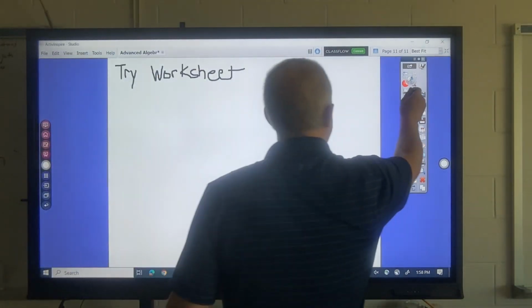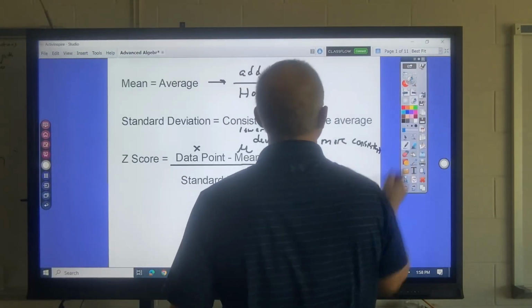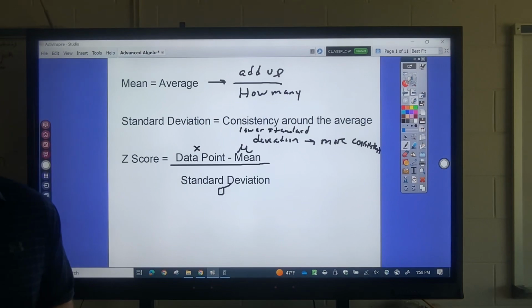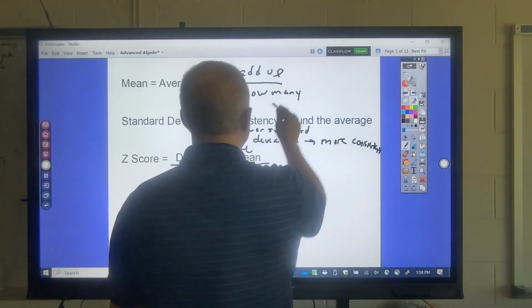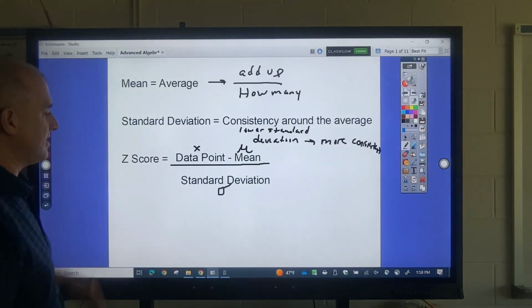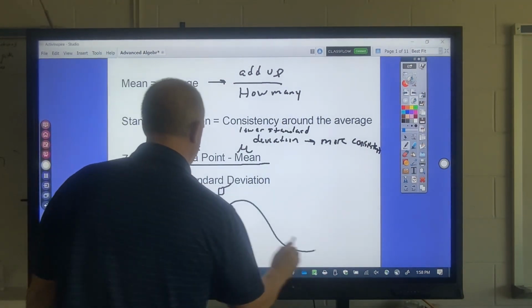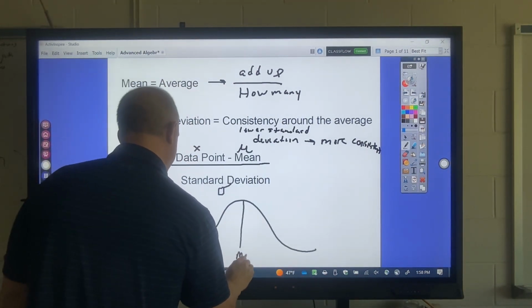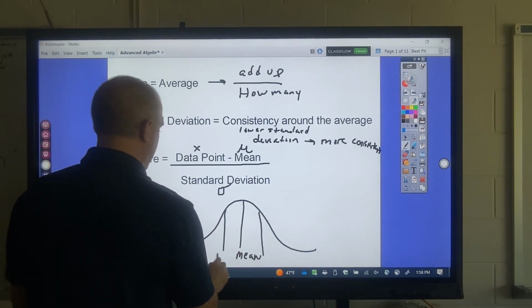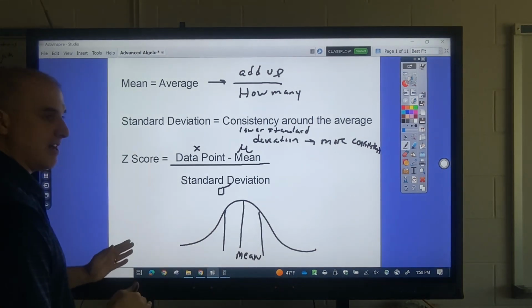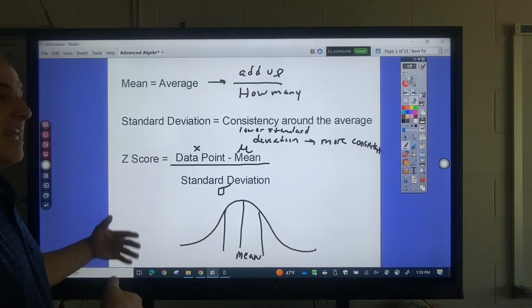But the idea behind this is when you have data that's normally distributed, we're looking at how consistent it is. In the normal curve, in the middle is the mean. Is your data below the mean, above the mean, how much?